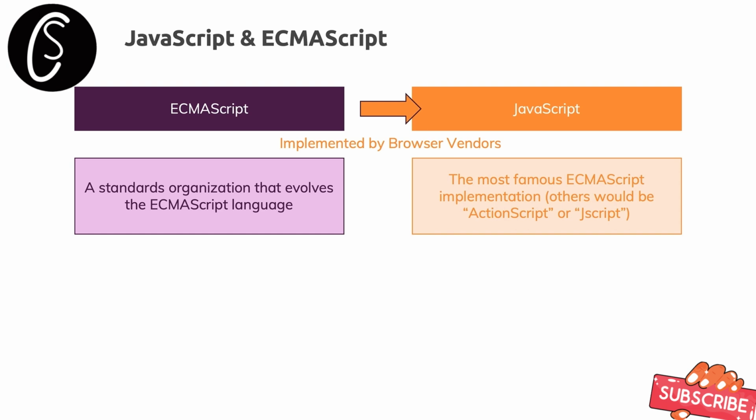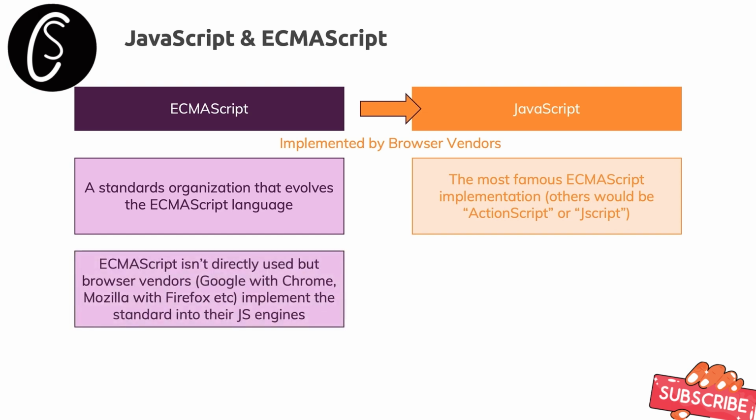So JavaScript in the end is ECMAScript, we could say, and we have that organization that evolves ECMAScript, and with every new standard version, which is in the end then created and finalized, browser vendors take that and implement it into browsers.